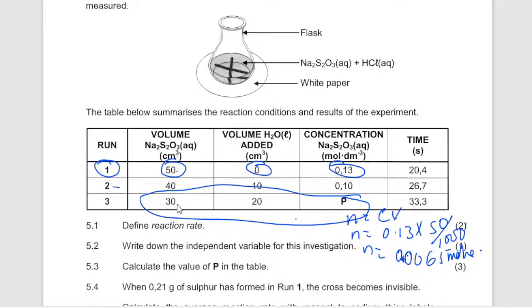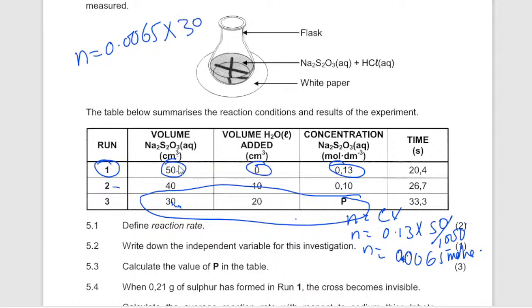that the number of moles here, let's look at the number of moles here. The number of moles here is going to be equal to 0.0065 times the volume, which is 30.